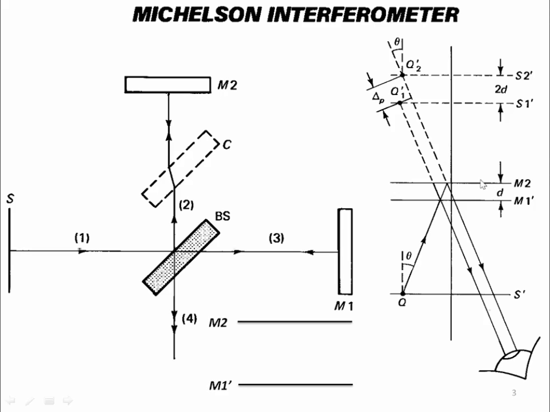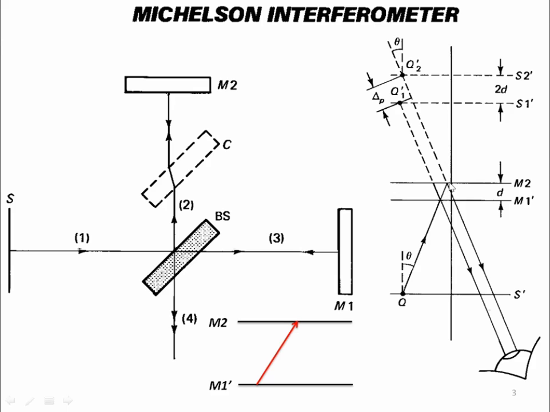So let us show this portion of this diagram, a little zoomed one. So this is your M2, this is your M1 dash. Now this portion is showing the extra path which this light has to travel.